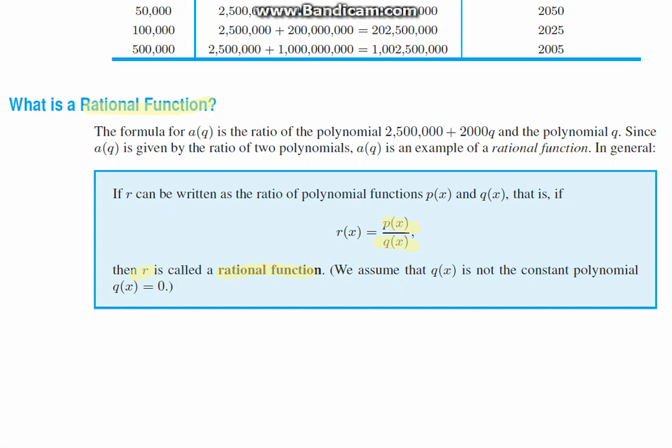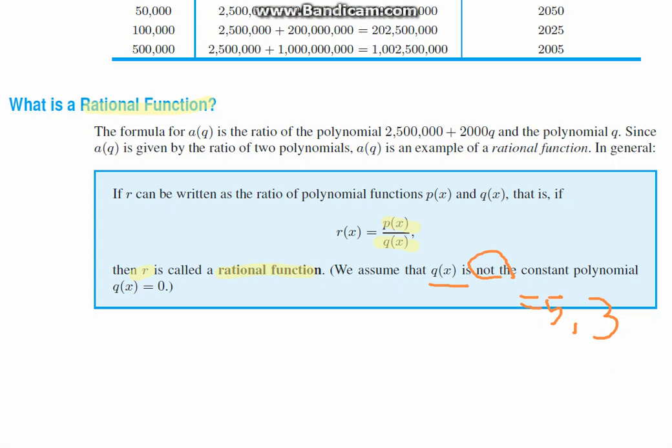But one thing we have to take into notice here, and that is very important, is that we assume that q(x), the denominator, is not a constant polynomial, saying that q(x) can't be something, for example, like 5 or 3, because if it is, then this isn't a rational function because it's just one polynomial function, so it'll just be a polynomial function rather than a rational function.